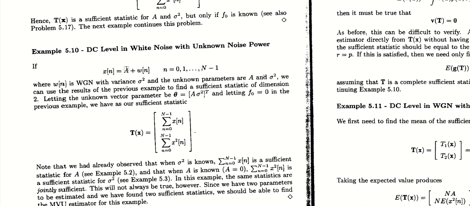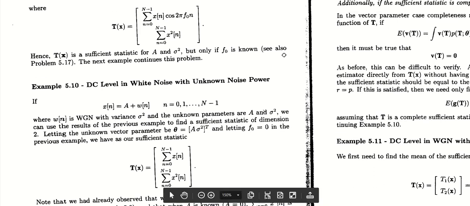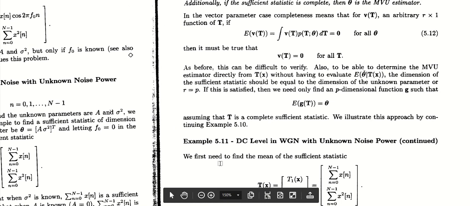This is DC level, and sigma square unknown. So we can use the results of the previous example to find a sufficient statistic of dimension 2 because we have 2 unknowns, with f0 equal to 0 in the previous example. This is a little bit strange, but let's get used to it.